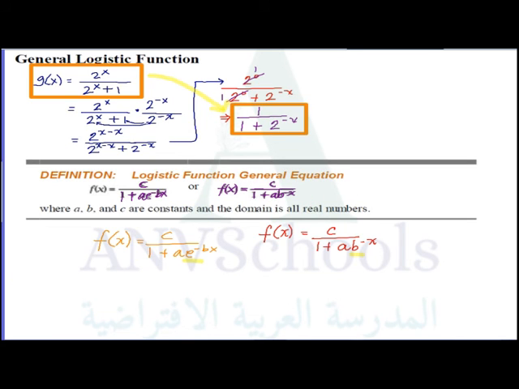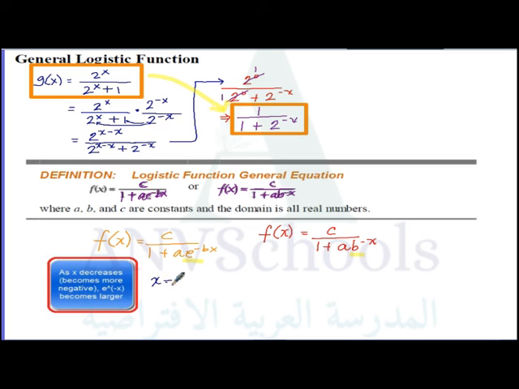So in this case, let us take a special note when your base is e. Now, when your base is e, as x decreases or becomes more negative, e raised to negative x becomes larger. Now let us see that. Let's say our x is negative 20, and let's say my a is 2, my b is 3, and my c is any constant, 5, let us say.